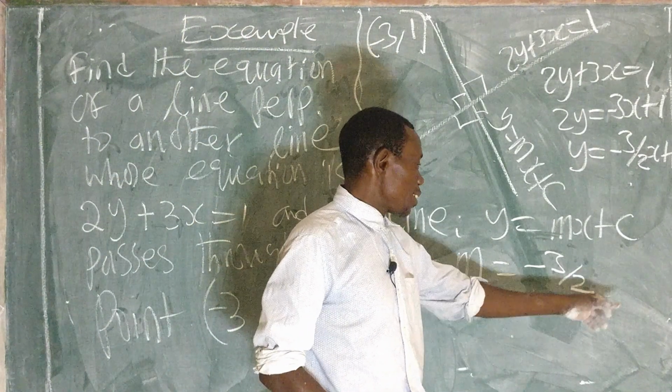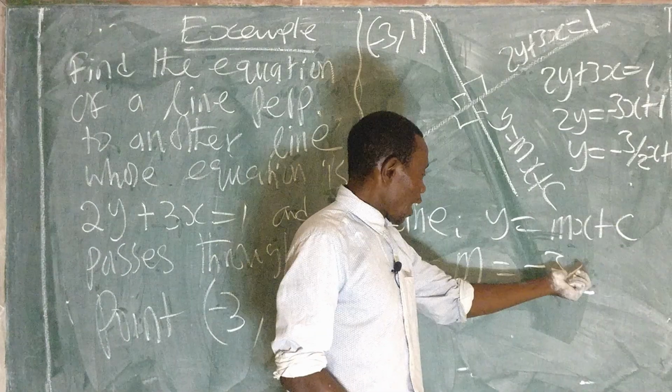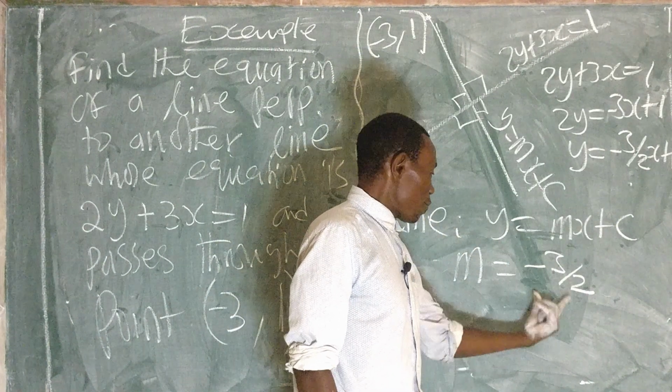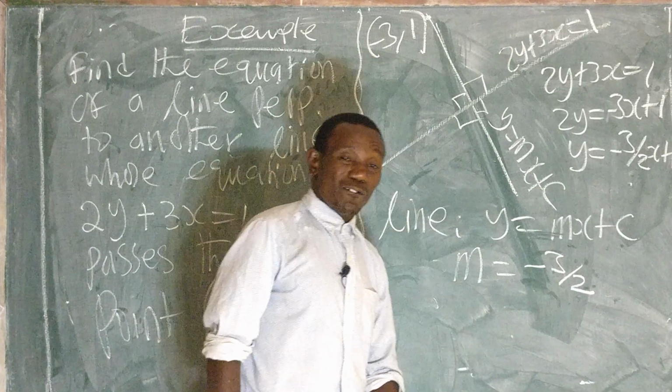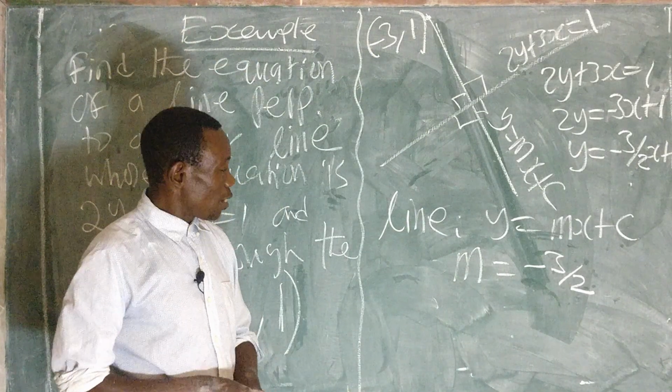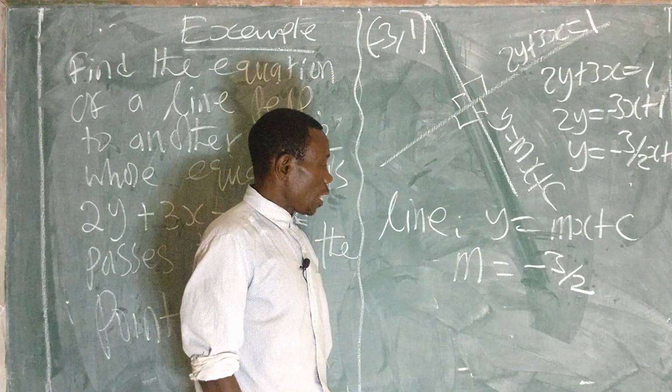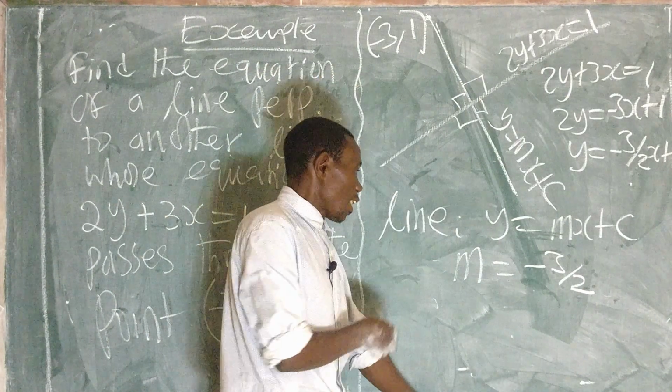A denominator, you try to put it as a numerator, and the numerator becomes the denominator. So this gradient already has a negative, then the other value shouldn't have a negative. So in this case, I'll capitalize on the negative 3 over 2 to come up with the gradient of this line.